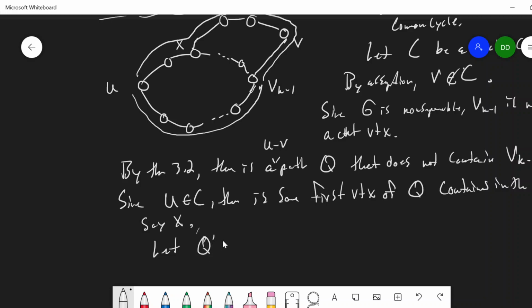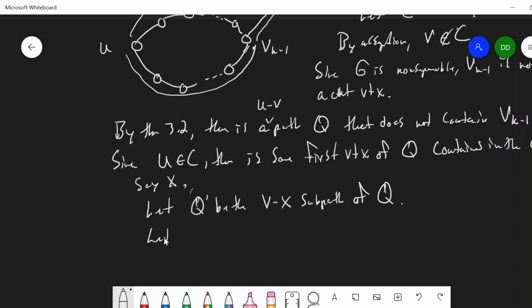So let Q prime be the Vx subpath of Q. So that's this bit here. And then I know that I have this Vk minus 1 U path on the cycle that does not contain X. So I'll call this P prime.